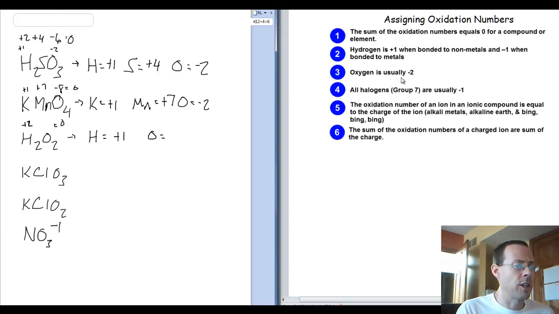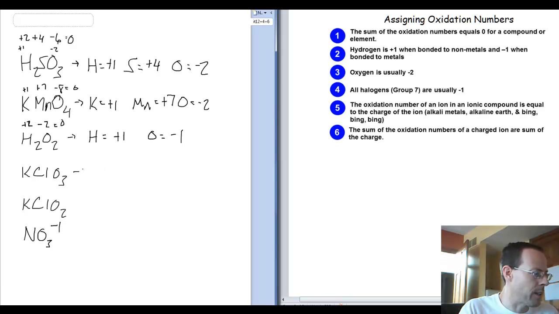Notice it says oxygen is usually a -2, so not always. In hydrogen peroxide, because there are 2 H's and 2 O's, they have to have the same charge but opposite. So oxygen contributes a -2, but there are 2 of them, so each one is a -1. Oxygen is typically a -2, but in a peroxide, it's a -1.